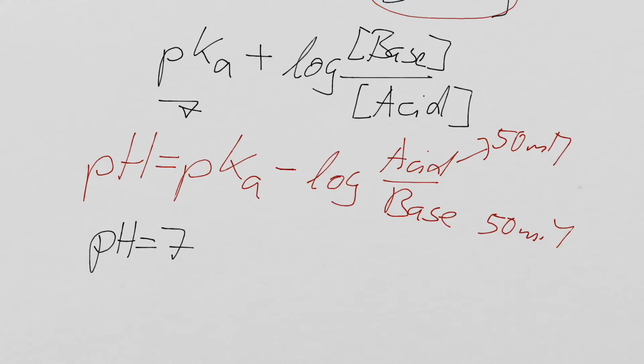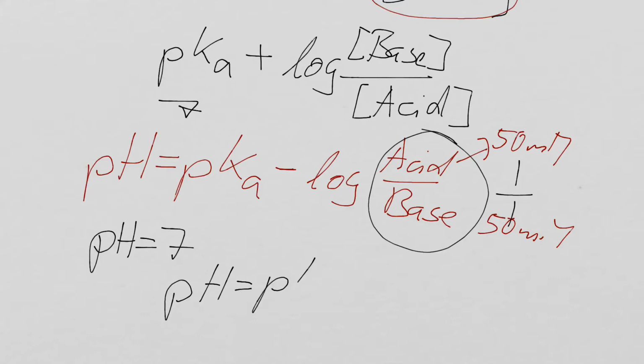Aha! Acid to base, the ratio is 1 to 1. I can write 1 to 1, which is the same as 1. Log 1 is 0. So therefore, pH equals pKa. Okay? Happy with that?